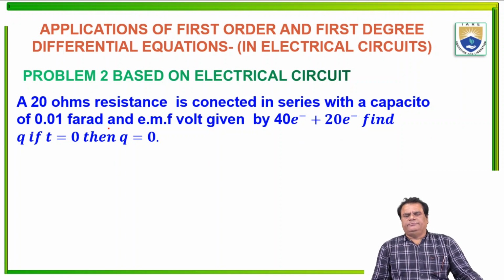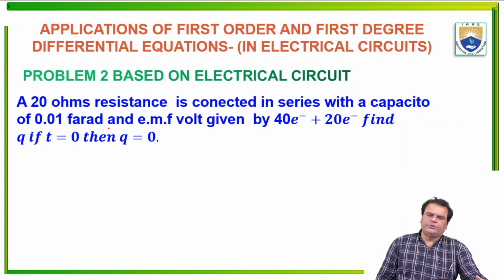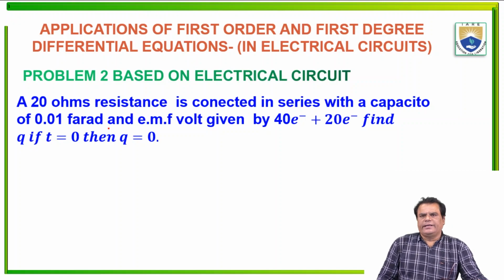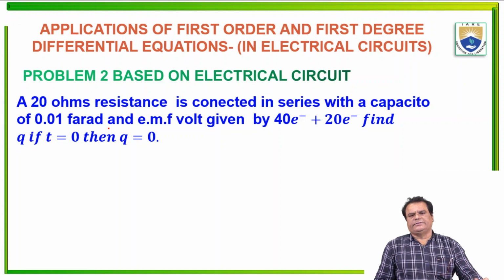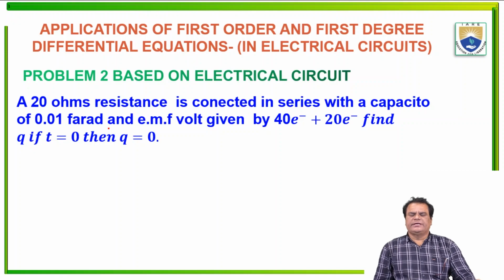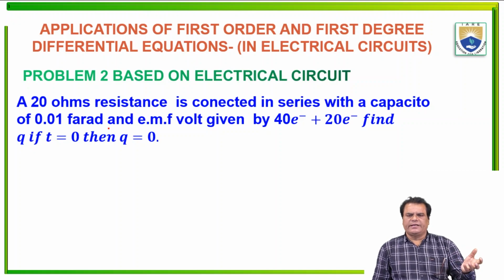Now the next problem, problem 2, is based on an electrical circuit. In this circuit we have taken resistance, inductance, and capacitance. Resistance is common in both circuits. The first circuit is LR, inductance and resistance, and the second circuit is capacitance and resistance.